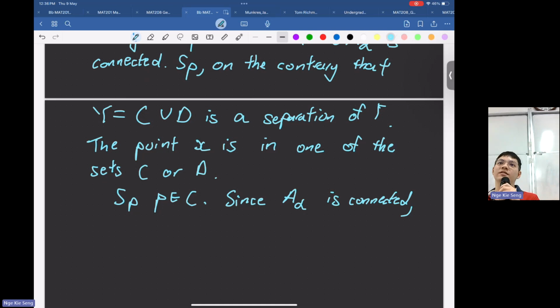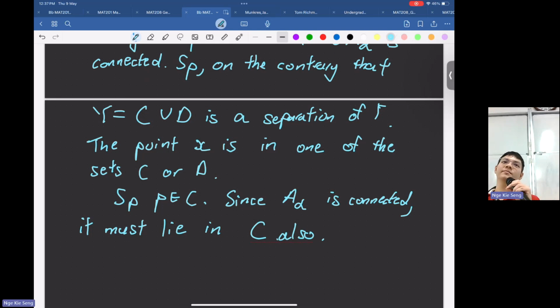If you have a connected subspace, it must lie wholly in C or in D. But P is in C already, and A alpha intersect P is non-empty. So it must lie in C also.